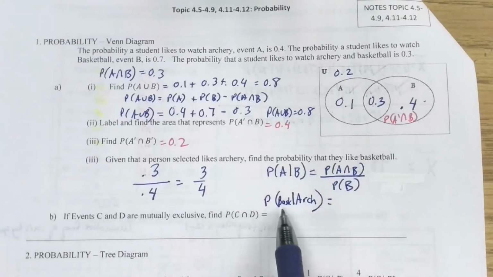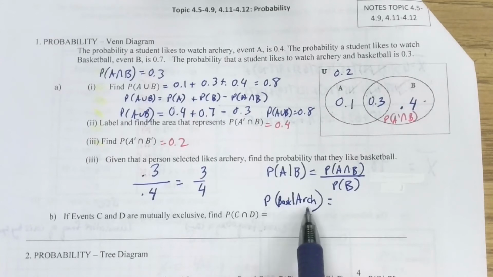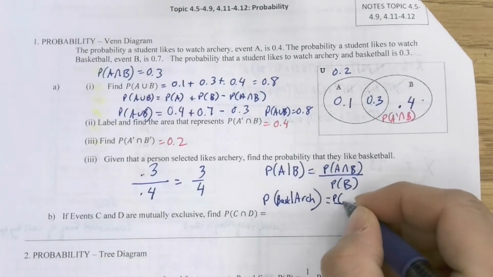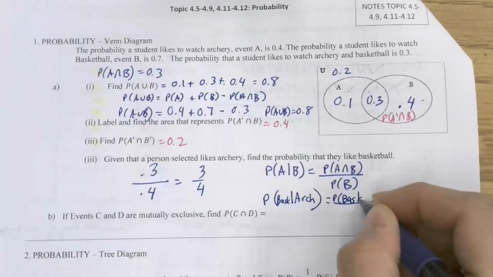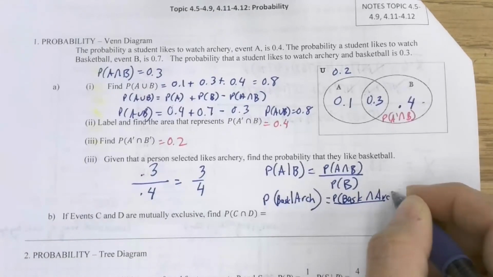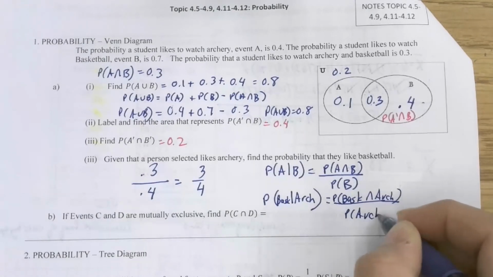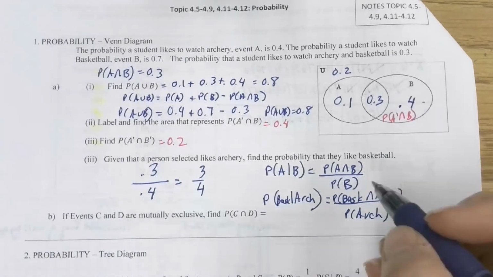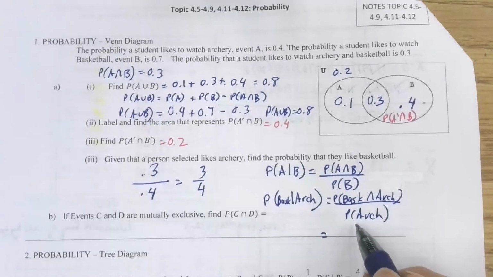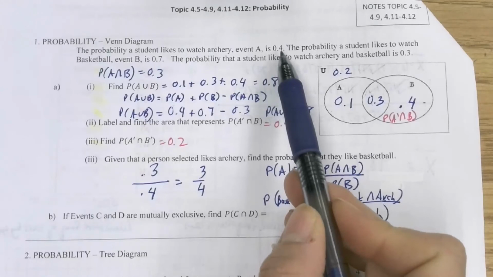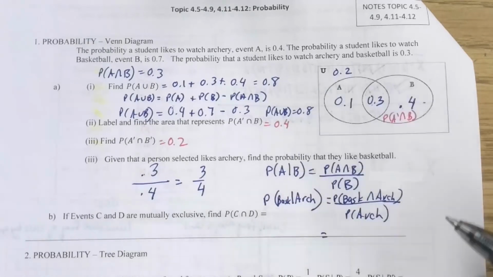So find the probability a person likes basketball given that they like archery, which means in your formula, in your numerator, you're going to have the probability that someone likes basketball and likes archery. And in your denominator, you're going to have the probability that they like archery. So the probability that they like archery is going to be our 0.4 that we're given in the original problem, or the entire circle.